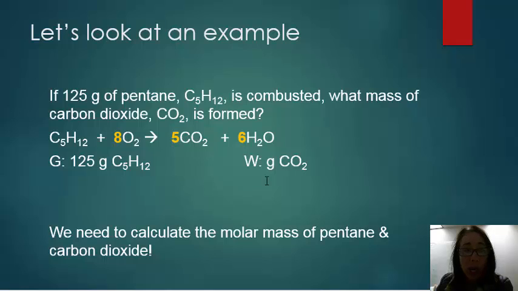So I notice that this is stoichiometry because I'm given an amount of C5H12 and I'm trying to find an amount of a different chemical, CO2. So I know I'm going to have to use my mole ratio. But because I'm given mass and I want mass, I also know I'm going to have to calculate the molar mass of both pentane, which is given, and carbon dioxide, which is what I want to get to.